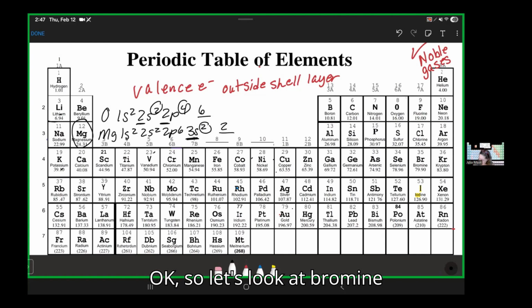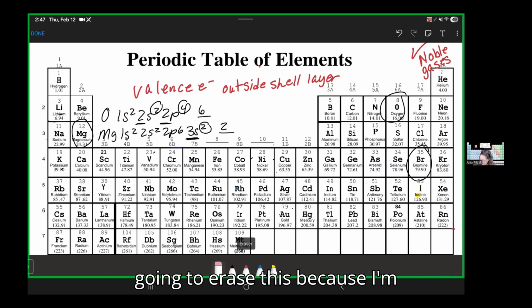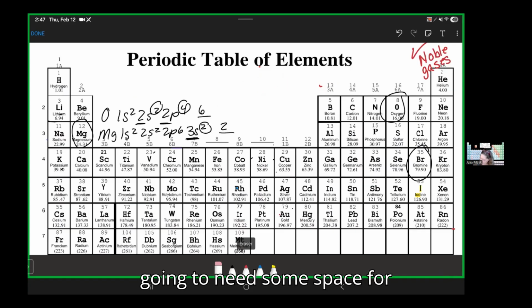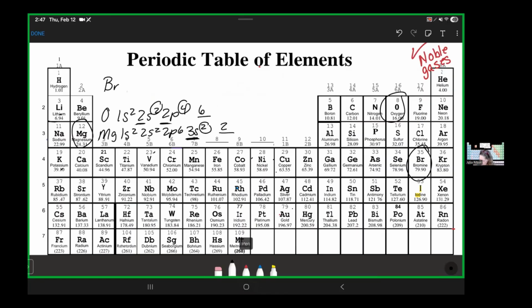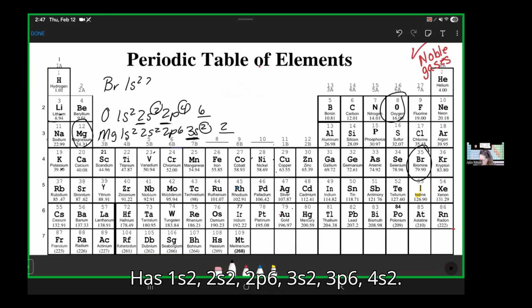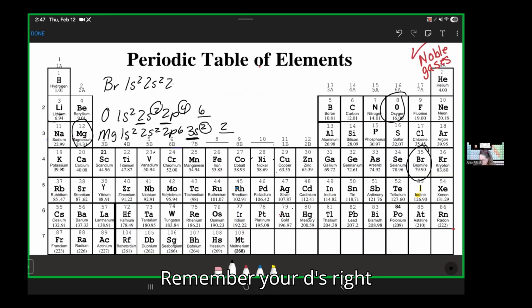Okay, so let's look at bromine over here. I'm going to erase this because I'm going to need some space for bromine. Bromine has 1s2, 2s2, 2p6, 3s2, 3p6, 4s2.